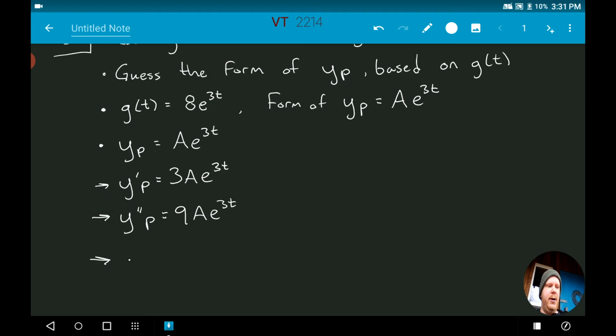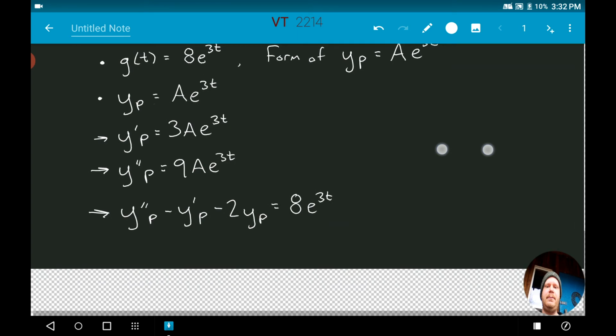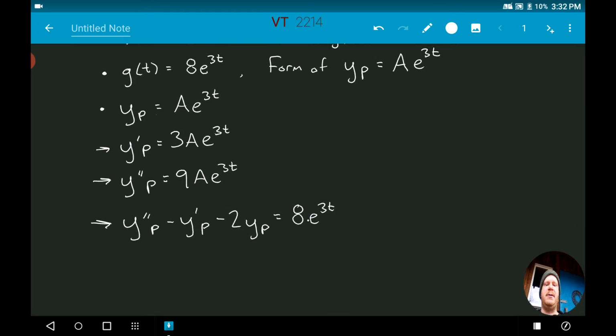The original differential equation was y double prime of p minus y prime of p minus 2y of p is equal to, and in this case I am going to include g of t in there.